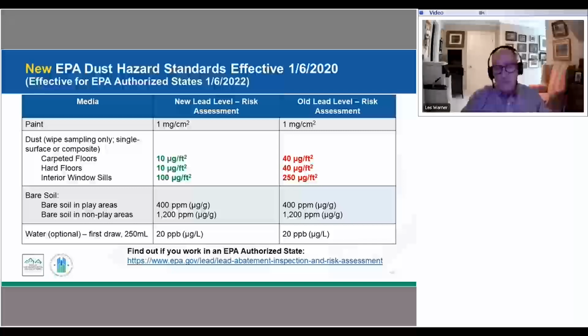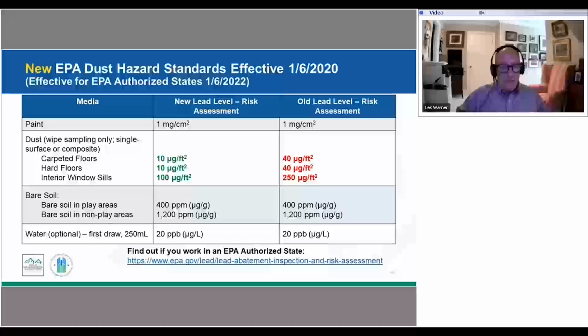We also have separate standards in place for bare soil, depending on whether it is a play area or a non-play area. We may have a public housing property with a designated play area, some equipment there, and some bare soil.